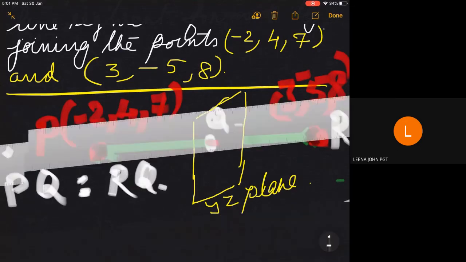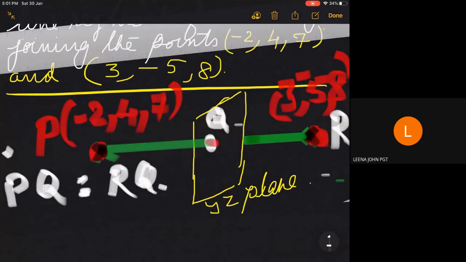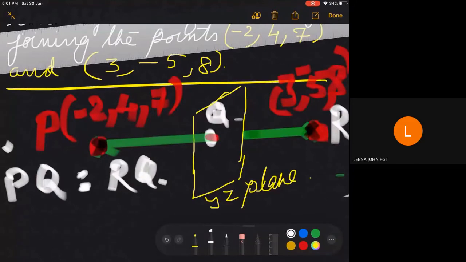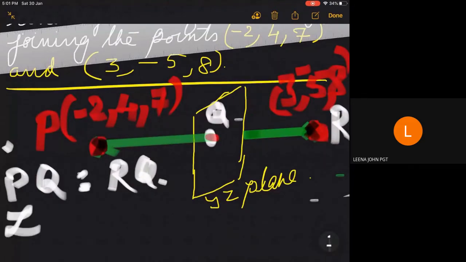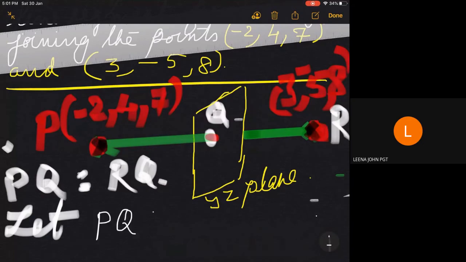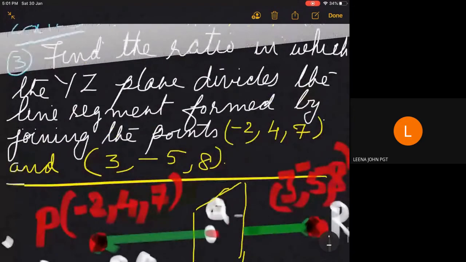So the ratio you have to find out. Definitely you have to use the section formula. So we can assume let the ratio be k is to 1, or you can write let PQ is to RQ equal to k is to 1. Now to find the ratio k, you apply the condition given.